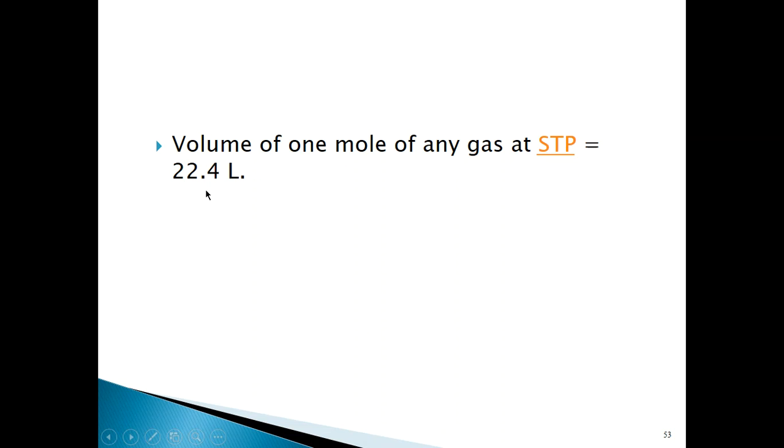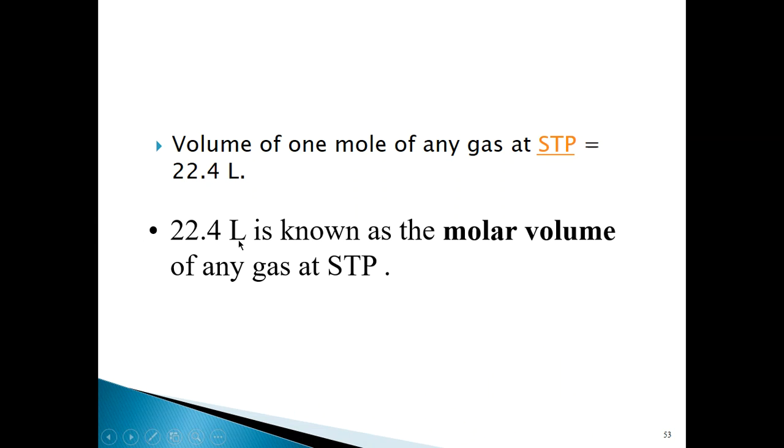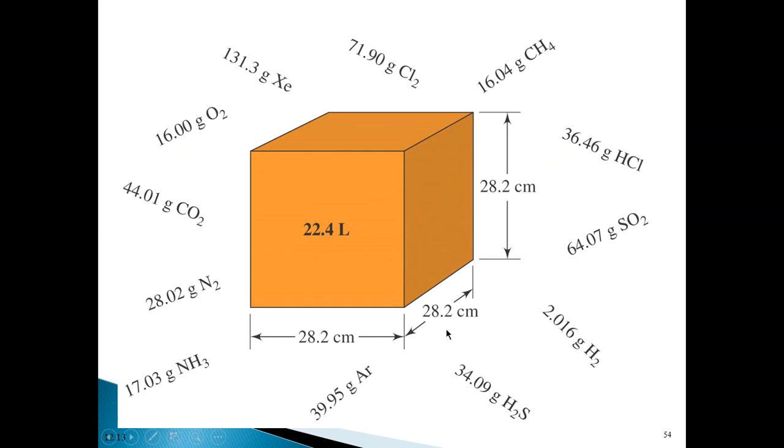But for now, you can just accept this as true, that for any gas under STP conditions, where the standard temperature is 273 Kelvin and the pressure is 760 atmospheres, the volume occupied by the gas will be equal to 22.4 liters. So 22.4 liters, this volume here for 1 mole of a gas, is known as the molar volume. The molar volume is basically the volume occupied by 1 mole of any gas.